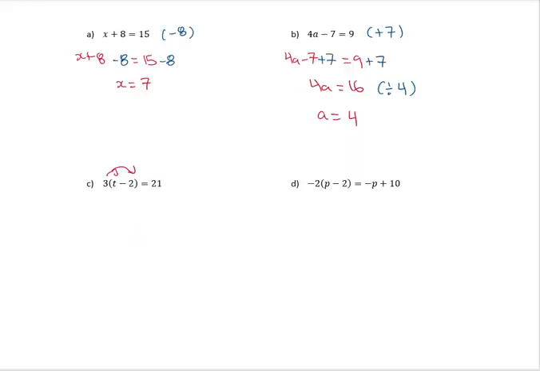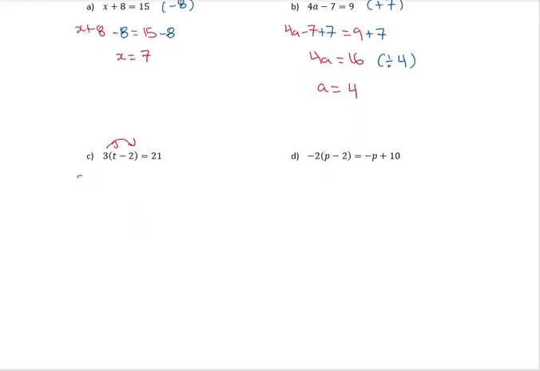In part C, you want to expand the bracket first, okay? 3t minus 6 equals to 21. Now add 6 because I see -6.